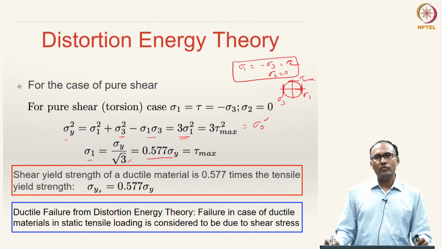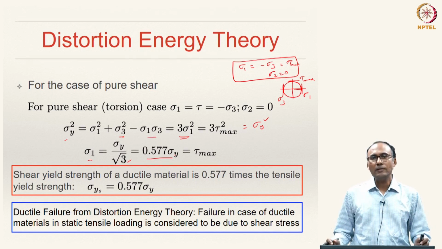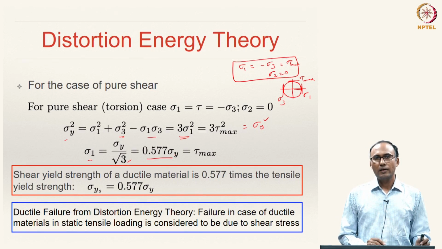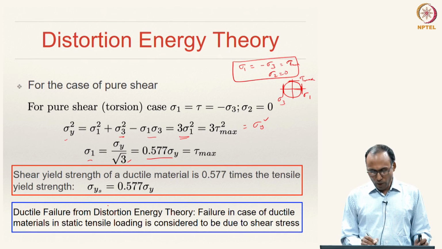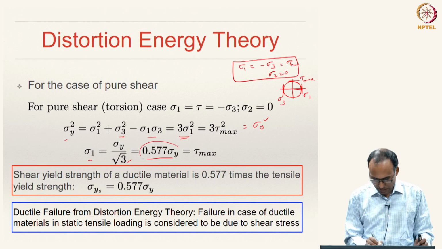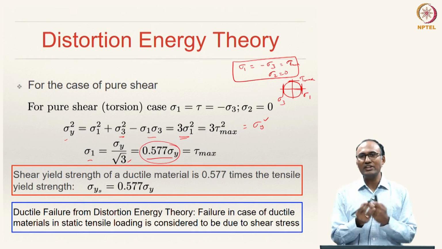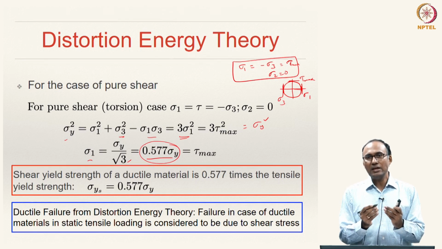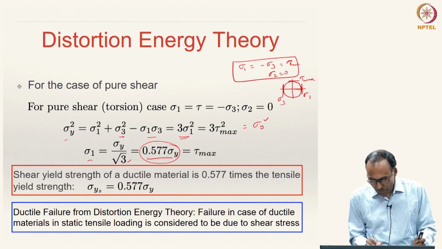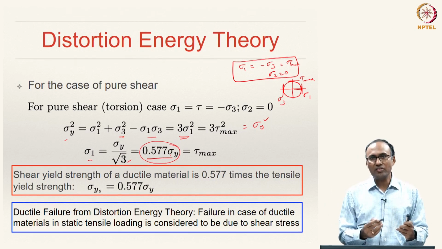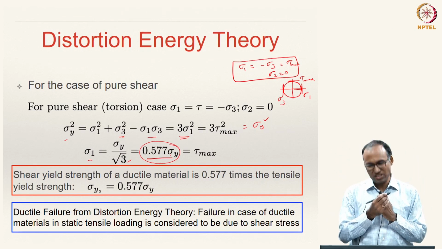That means when you are applying pure shear loading, if your principal stress becomes equal to 0.577 times the uniaxial yield strength of the material, not actually equal to the uniaxial yield strength, the material is going to yield. Yield strength here is the uniaxial tension test yield strength.